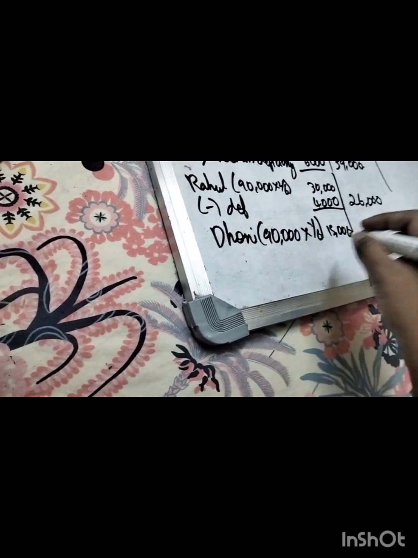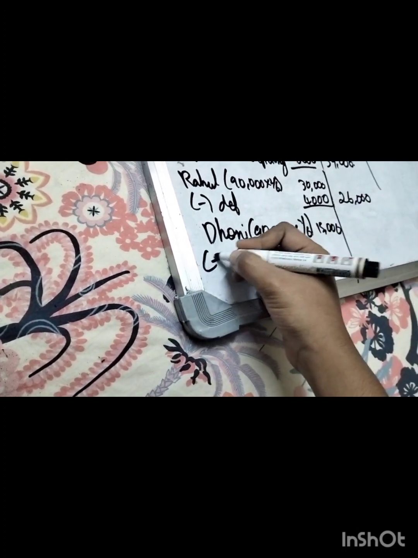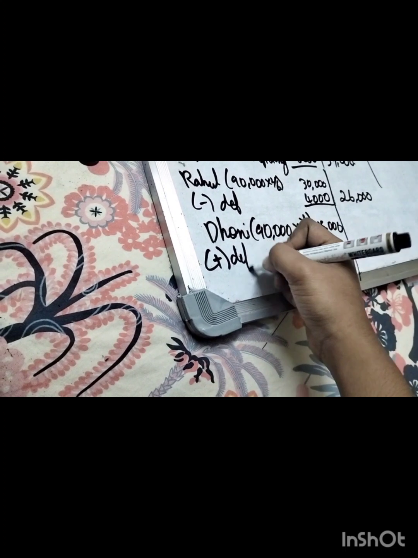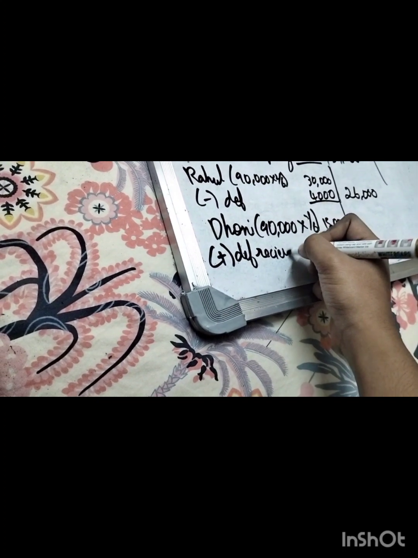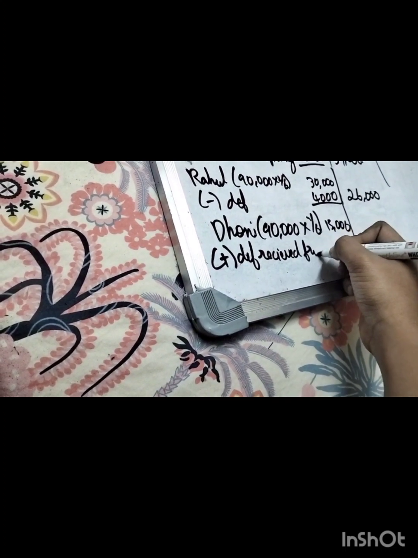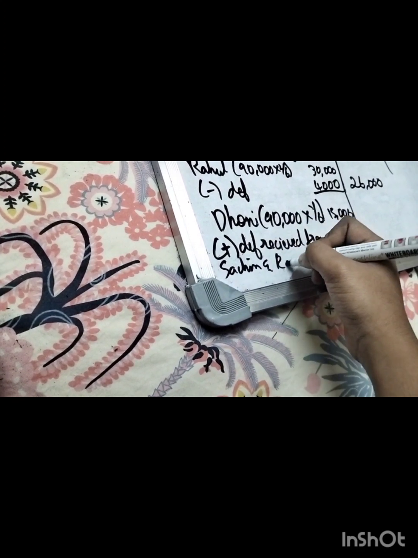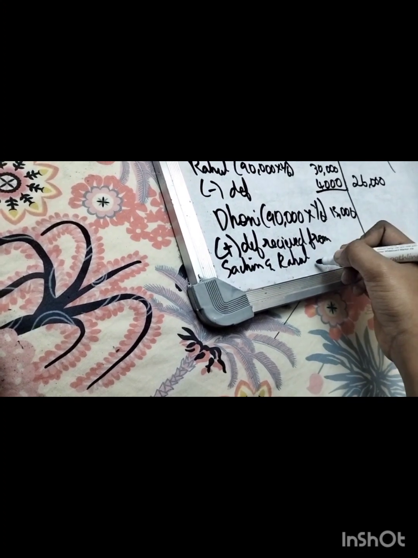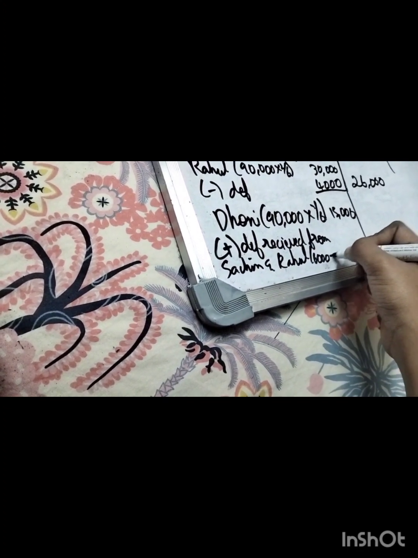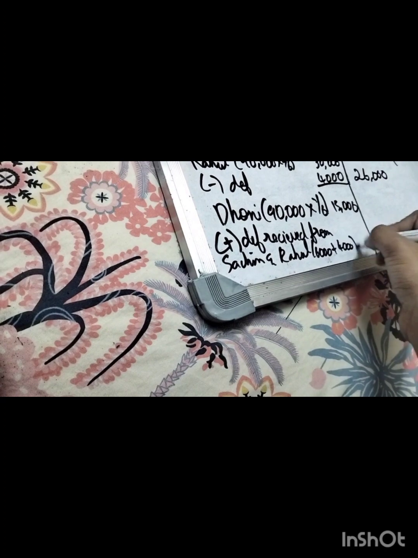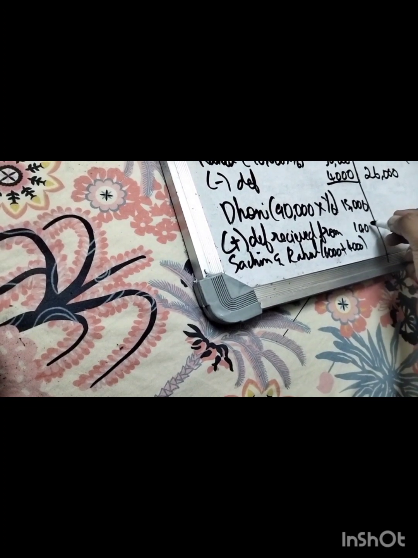And here, you add the deficiency received from Sachin and Rahul. You just calculated that, so that's 6,000 plus 4,000. So you get 10K.